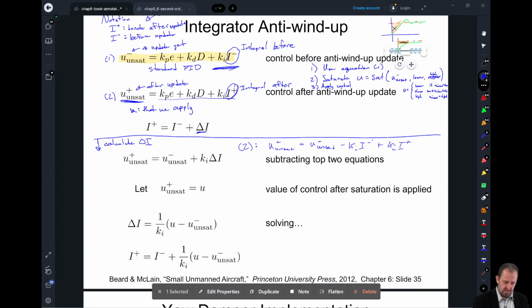So that's how we end up getting to this term. And then we use this relationship where delta I is just equal to I plus minus I minus.